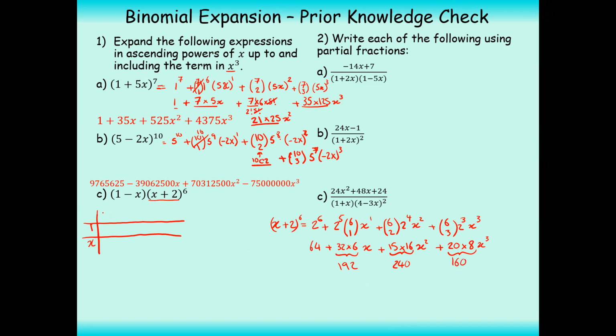So I would write on this table, this is a multiplication table, 64, 192x, not forgetting the signs here, then 240 x squared, and finally 160 x cubed.